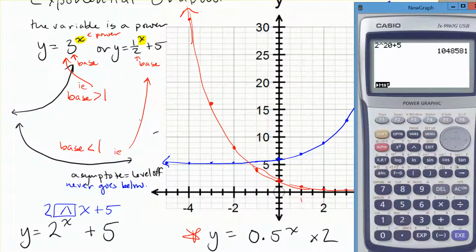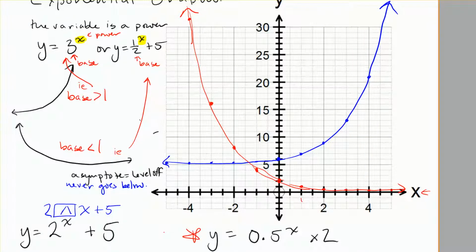Likewise, if I did 2 to the power of negative 15, if you look at your blue graph there, you notice that it actually approached 5. That's an asymptote. It's never going to get lower than that. So I'm guessing that my answer to this is going to be somewhere close to 5. And you can see there it is very close to 5. So even if I did another one, 2 to the power of negative 25 plus 5, I'll get, again, a number very close to 5.